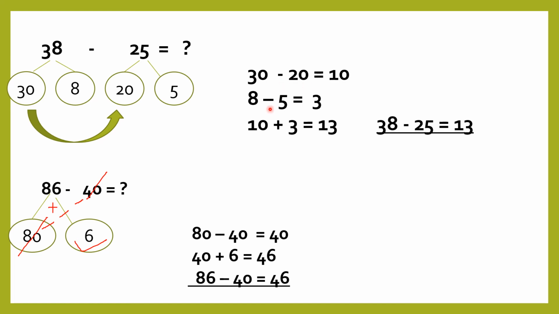Okay, once I have done the subtraction, now if you remember, we had a plus sign between the numbers here, right? 30 plus 8 was 38 and 20 plus 5 was 25. So now I'm going to deal with the plus sign. 10 plus 3 would be 13. So this means 38 minus 25 is 13.